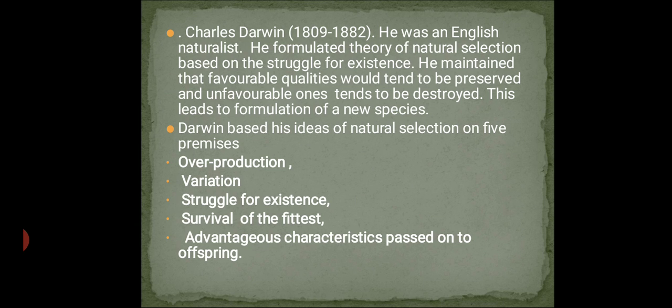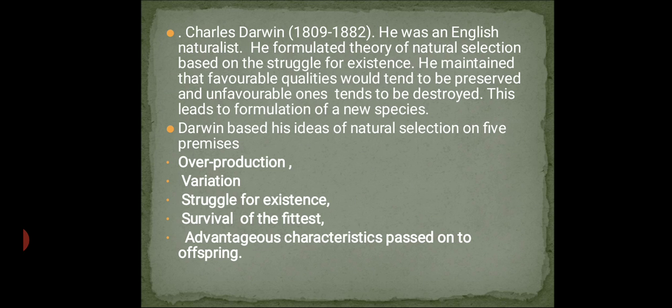Because of the overpopulation, their need will increase, and the resources they need to survive are in limited supply. Examples of the resources they need include water, food, space, mates, and so on.